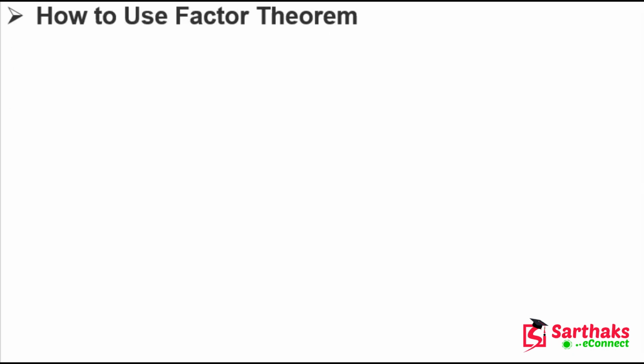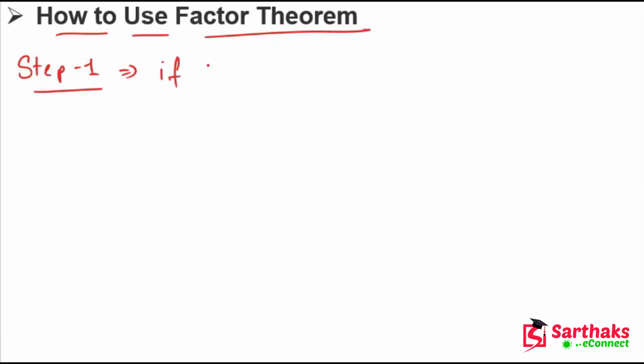So now, my dear friends, here is how to use the factor theorem. There are some steps to find the factors of a polynomial using the factor theorem. Step number 1: let's suppose we have a polynomial f of x.